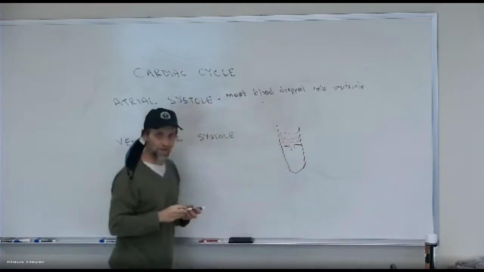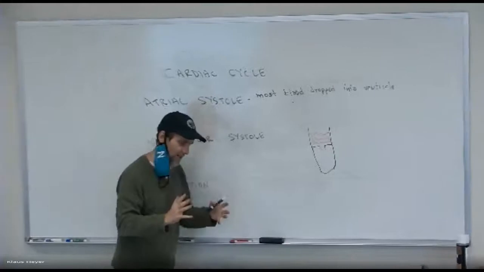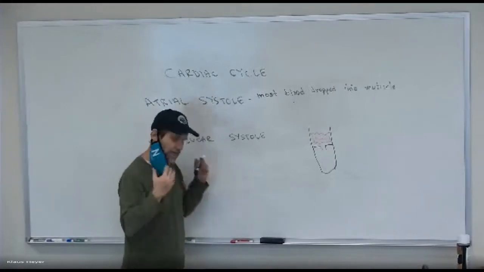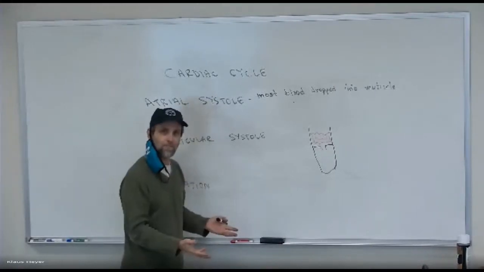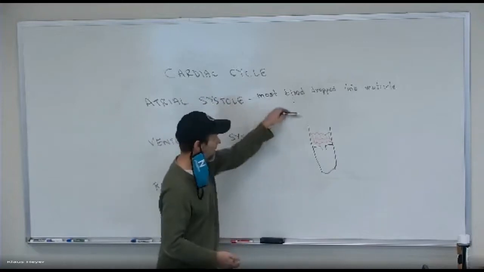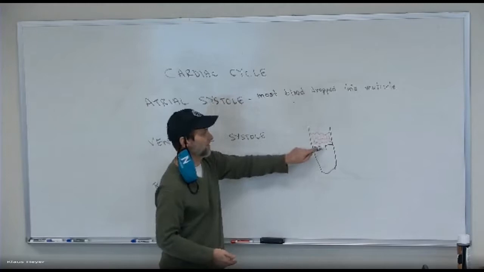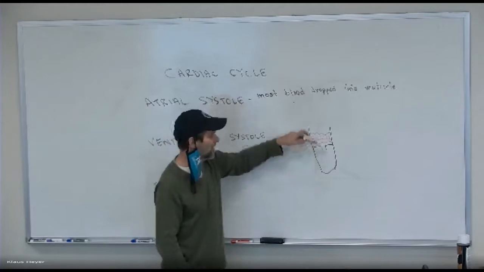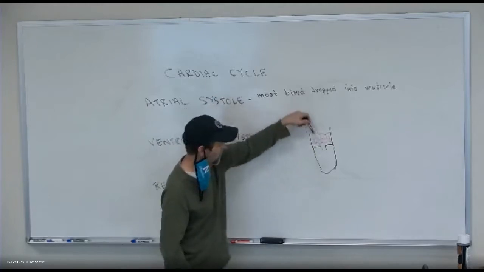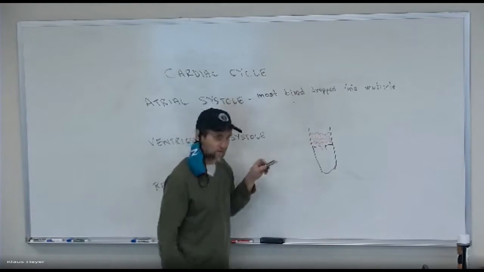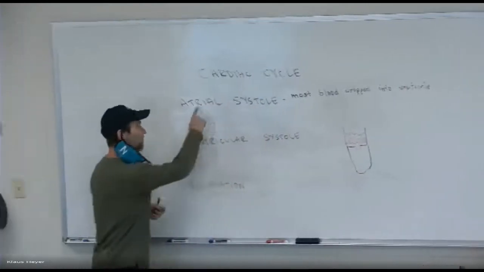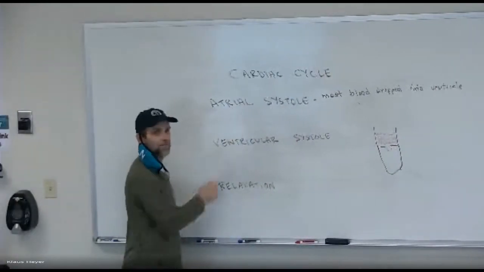This is happening in relaxation. So the heart doesn't actually have to contract. The heart can just sit there, and this happens. Blood's returning, filling it up. That's going to pop these AV valves open, and then most of this blood's going to drop into the ventricle. So that's happened before we even do anything.